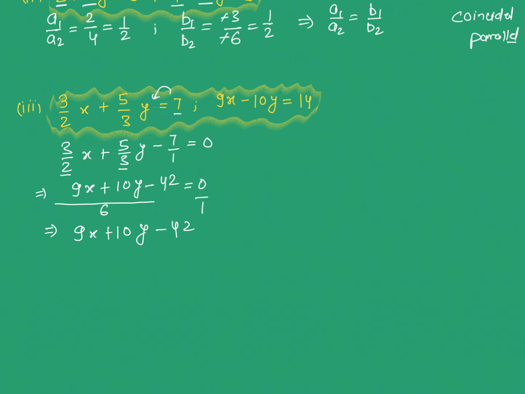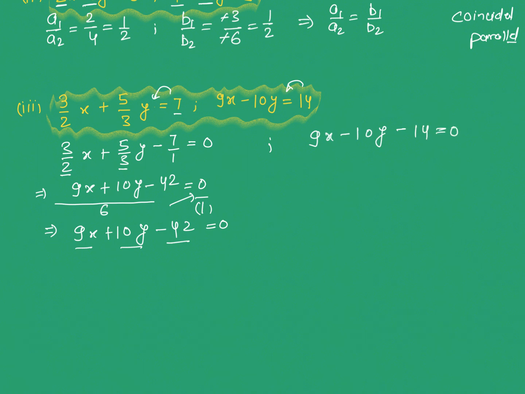And you know, in the cross multiplication method, 6 multiplied by 0 and 1 multiplied in this whole equation would still be the same equation, and this will be 0, right? And we know our second equation is 9x minus 10y. We'll just take 14 on the left side, minus 14 equals 0.